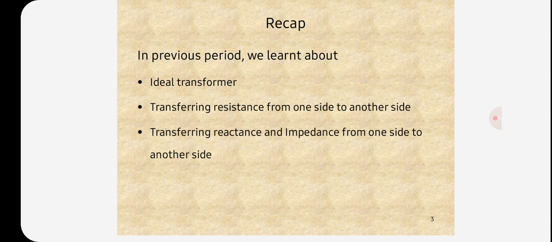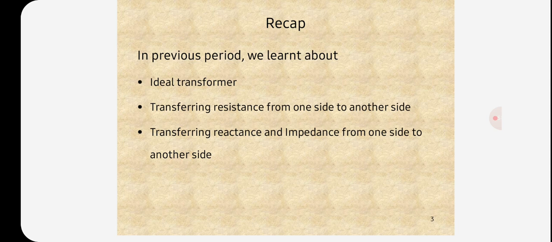The resistance causes copper losses and voltage drop in the windings. The resistance gives the primary equation and secondary equation, that is V2 is equal to E2 minus I2 R2, and also minus E1 is equal to V1 minus I1 R1. We already discussed this.